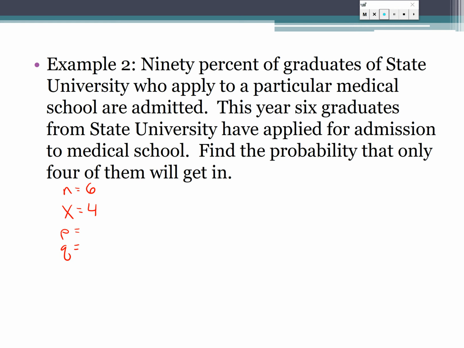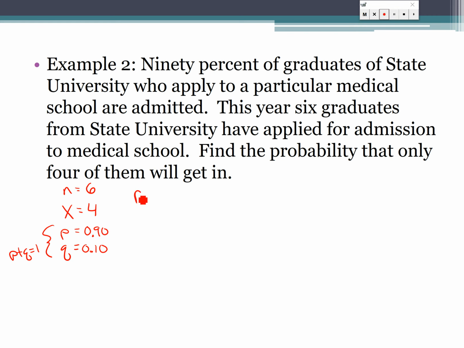So if we're wanting to know if they get in, success is 90%. So if the probability of success is 90%, probability of a failure is going to be 10%. Keep in mind, guys, P plus Q needs to equal 1.